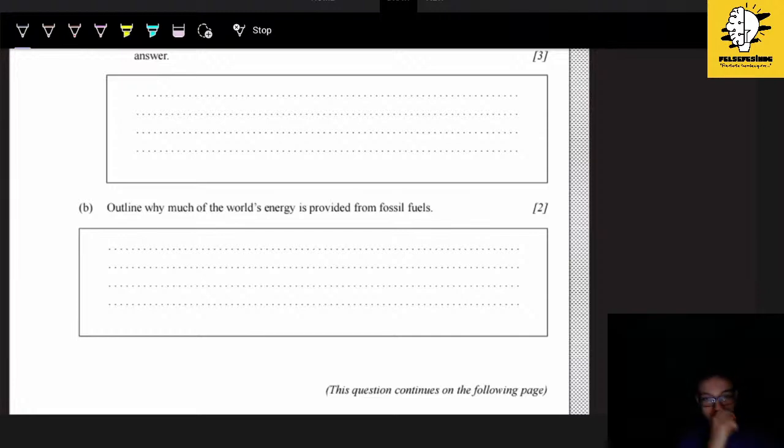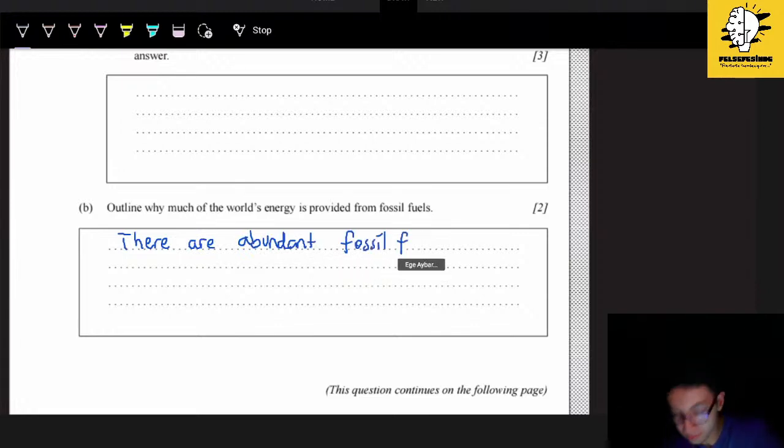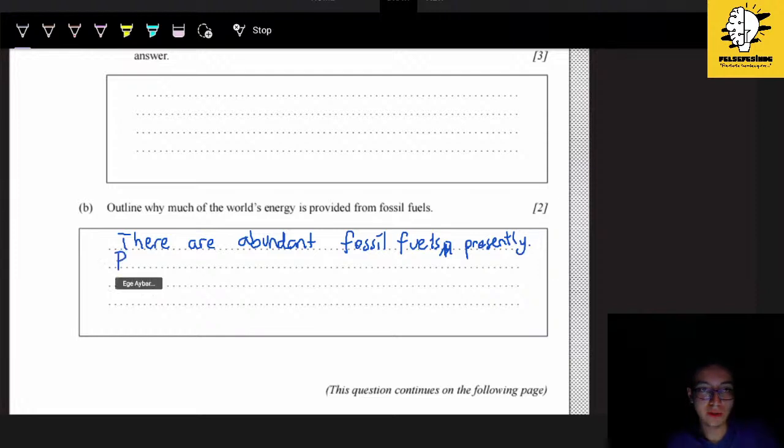So we can say that there are abundant fossil fuels presently, and we can say that we have pre-existing infrastructure. Yeah. And everything is arranged according to fossil fuels, like the factories.